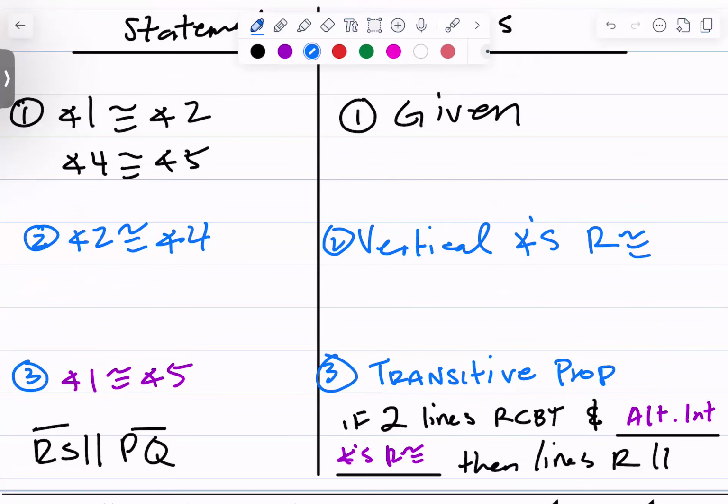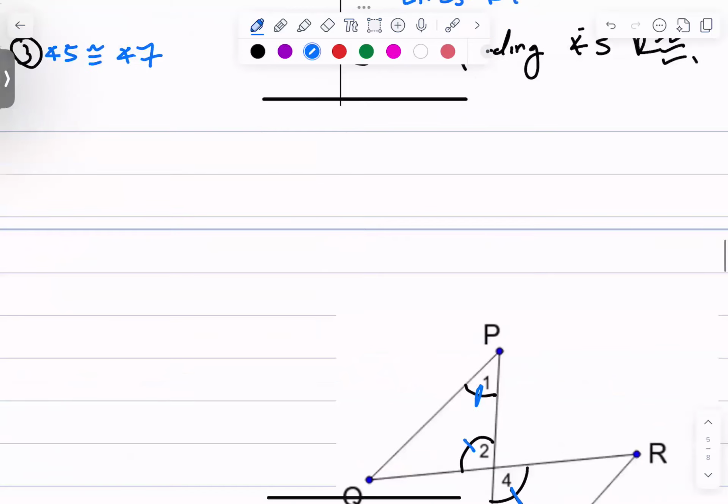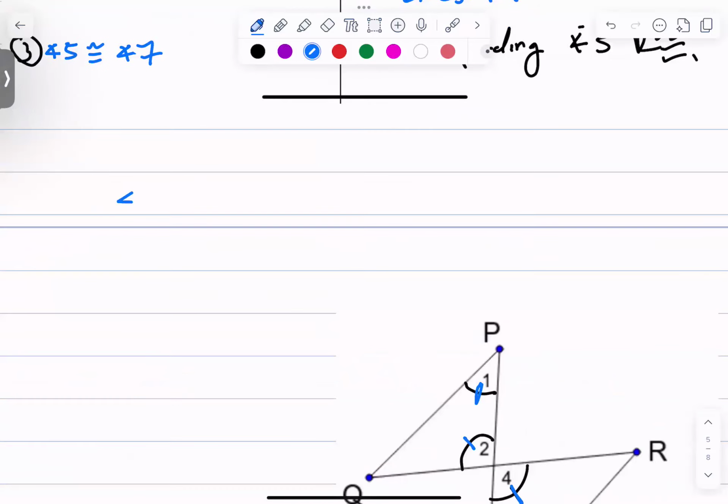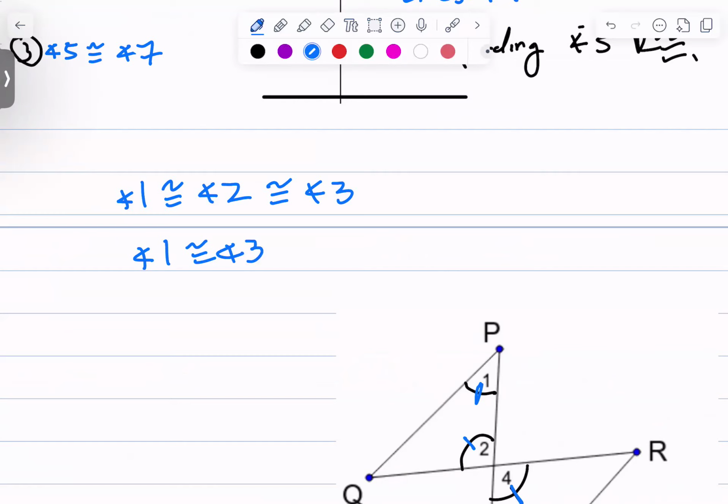Any questions? What's the transitive property again? The transitive property is, let's say, angle 1 is congruent to angle 2, angle 2 is congruent to angle 3. Therefore, I know angle 1 is congruent to angle 3. The ends will be equal to each other.